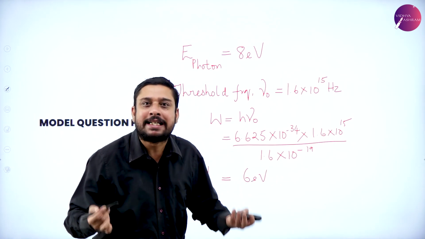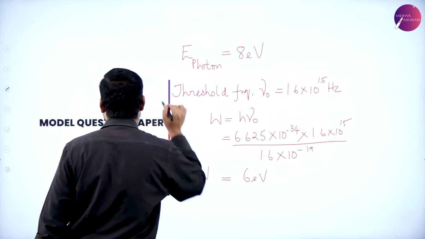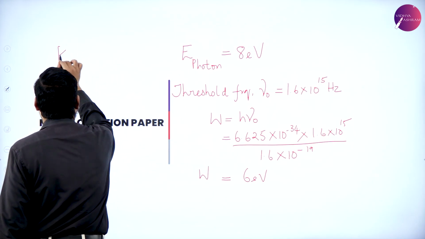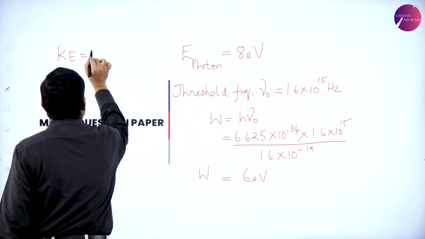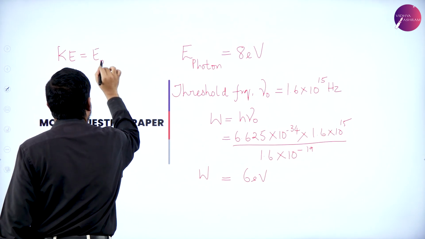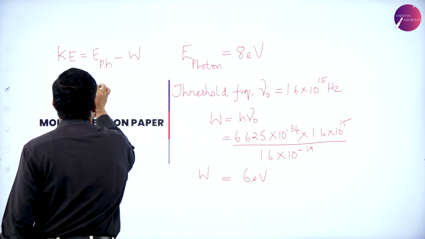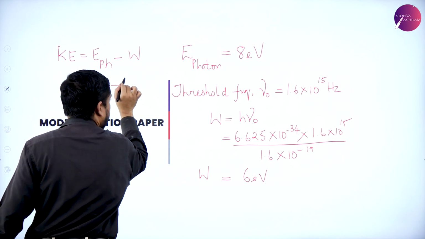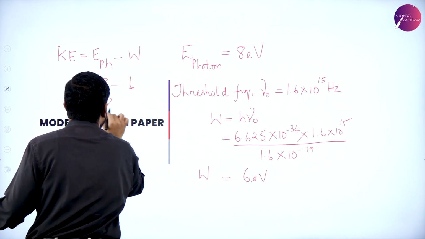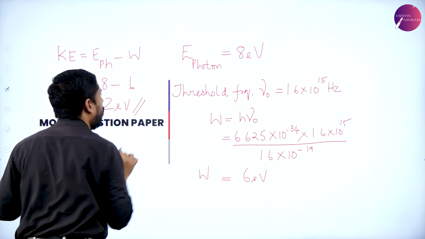Now go back to Einstein's photoelectric equation. So kinetic energy is energy of the photon minus work function, 8 minus 6, which is 2 electron volt.